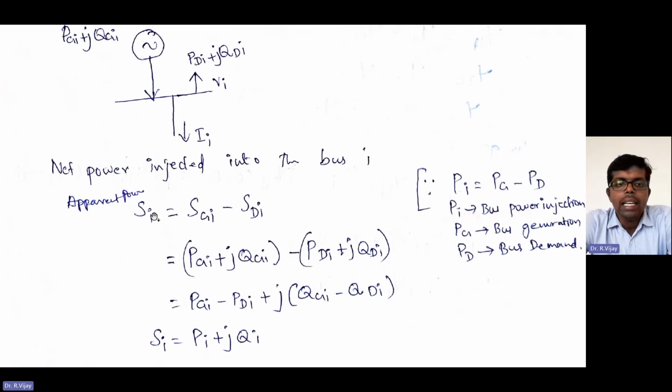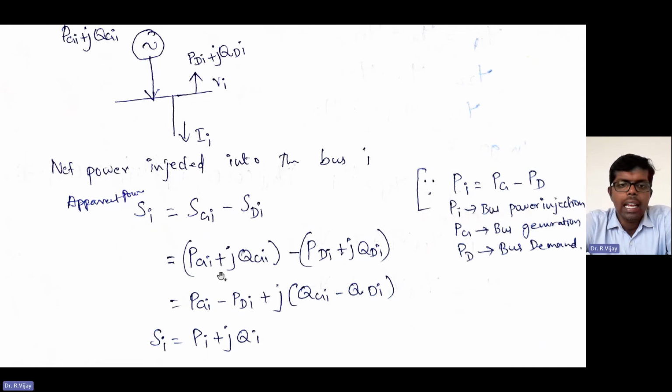So here the apparent power SI is equal to SGI minus SDI. SGI is nothing but PGI plus j into QGI, minus PDI minus j into QDI.